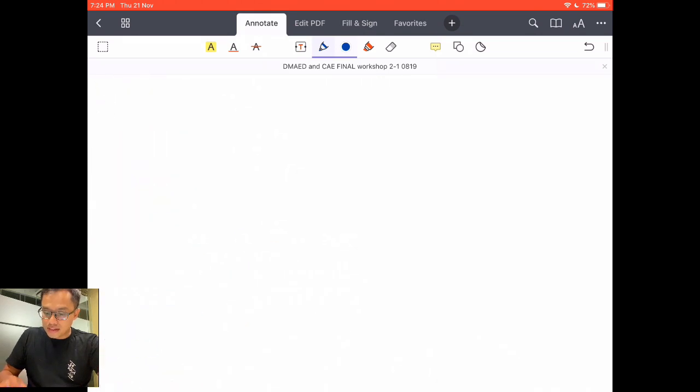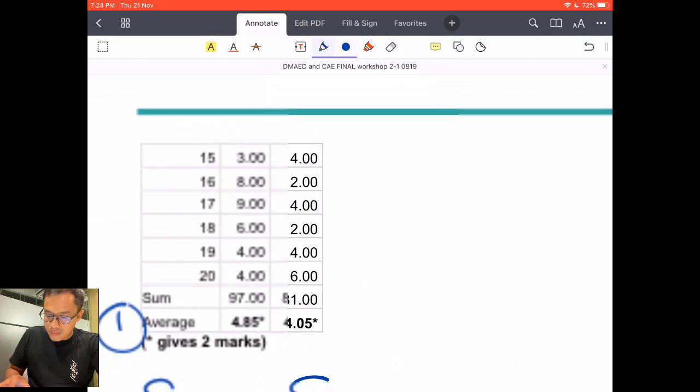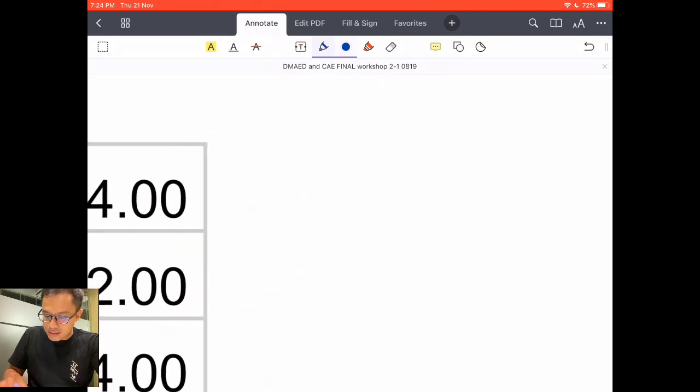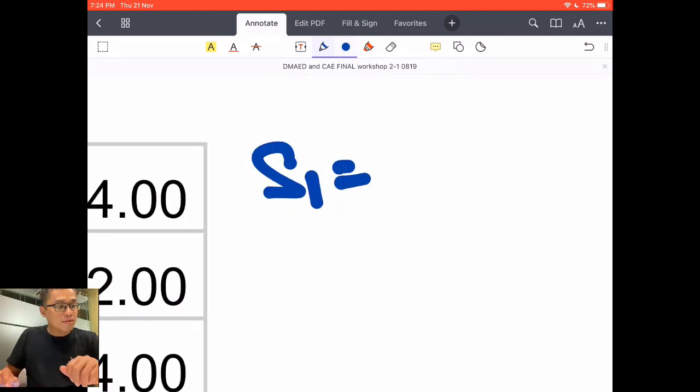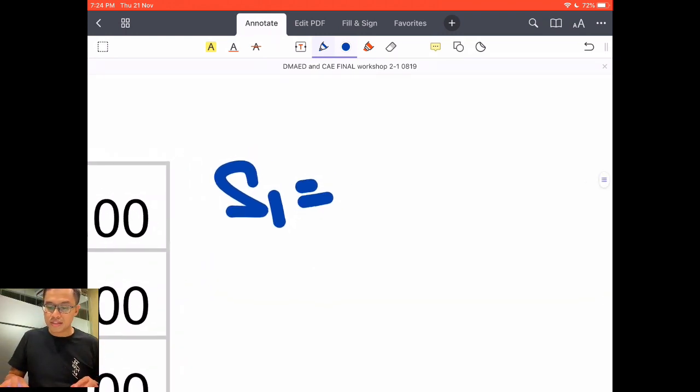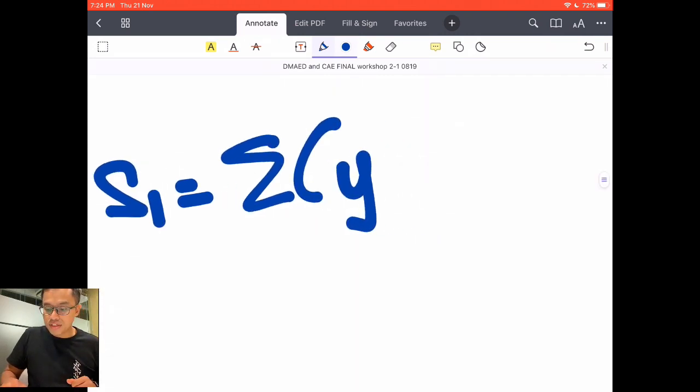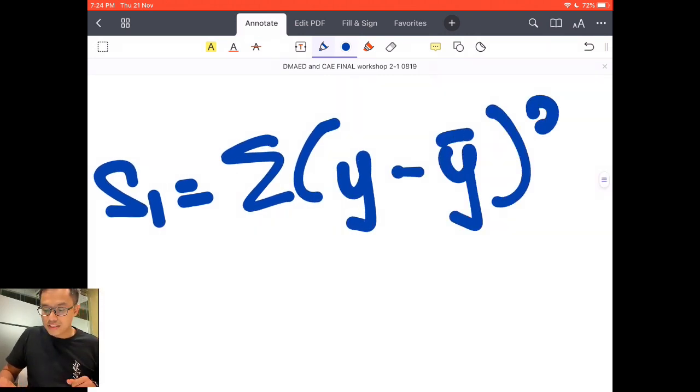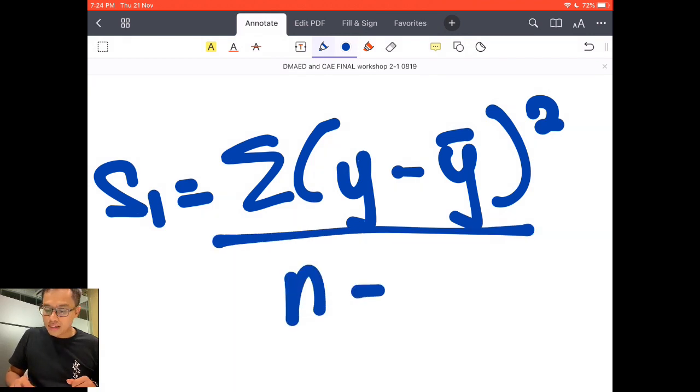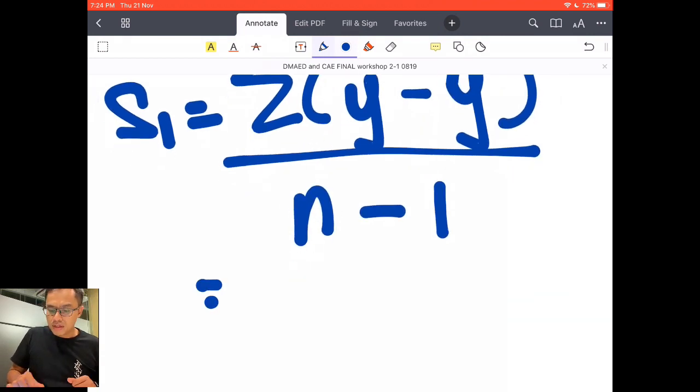S is given as follows. I have my formula sheet here; you can download it and print it, and please use it for your benefit. It is the summation of observation minus the average, squared, divided by the number of samples minus 1. For S1, the average is given as 4.85.